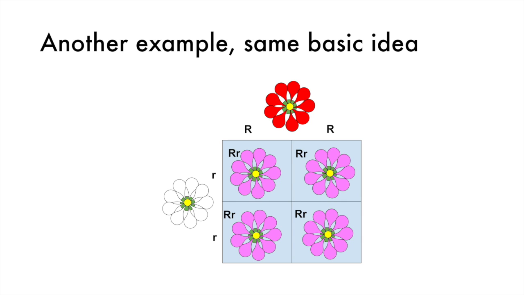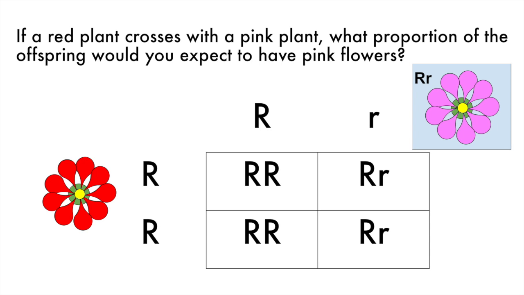So here's another example with the same basic idea. Often snapdragons, which are a very common annual plant that people like to grow around here, have this going on, where if we cross red-flowered snapdragons and white-flowered snapdragons, we get all pink-flowered snapdragons. So if we go back to the original question, if we cross a red plant with a pink plant, knowing the genetic basis, what proportion of the offspring would we expect to have pink flowers?